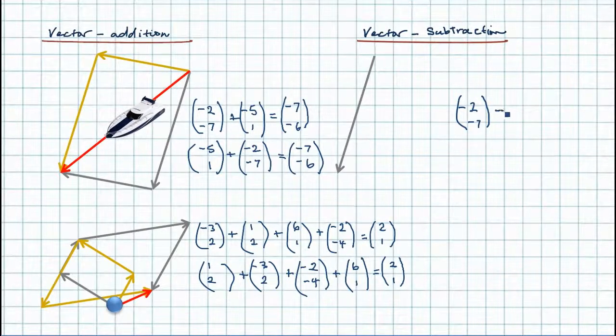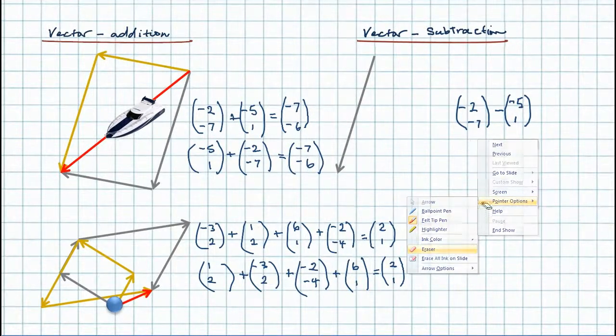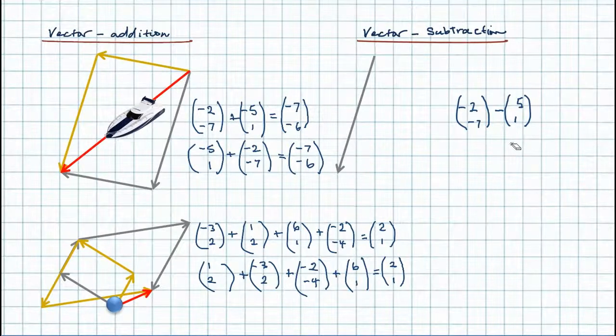So if I write subtract this vector that we had here, which was -5, 1. Okay, let's make that minus sign a little clearer. Now, what we're going to look at here then is whether the graphic, the diagrammatic drawing of our vectors is consistent with our mathematics.